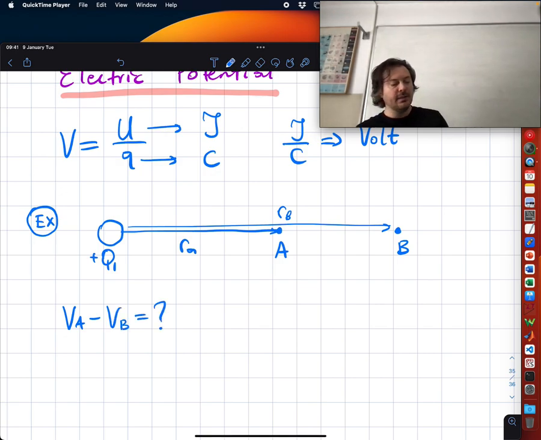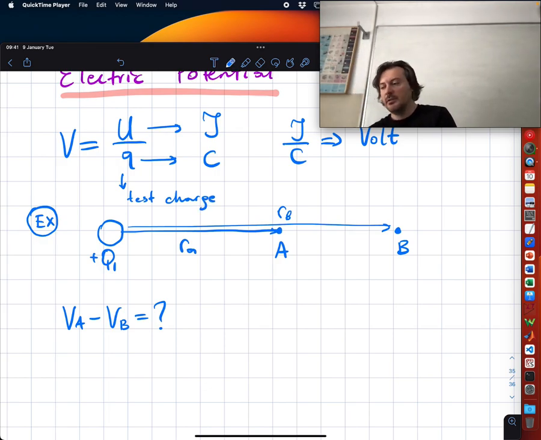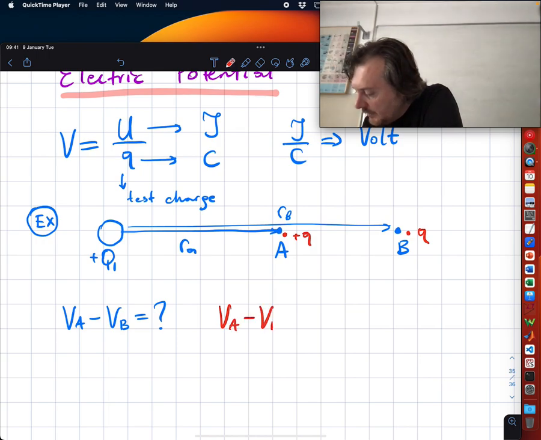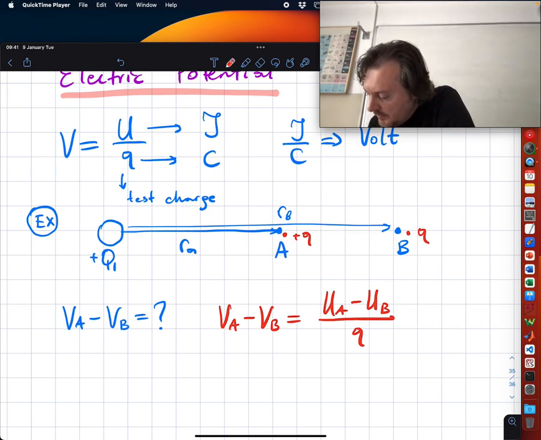How would you find VA minus VB? So this Q is the test charge. Okay, what you do is you imagine a test charge and you place it at A, like plus Q being at A and plus Q being at B. And then you say that VA minus VB is simply UA minus UB divided by Q. Does it make sense?